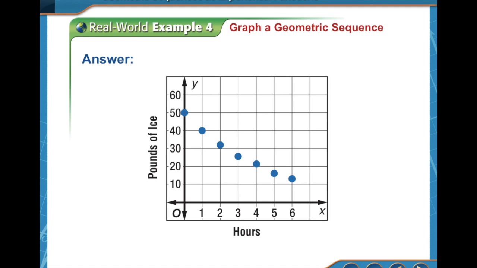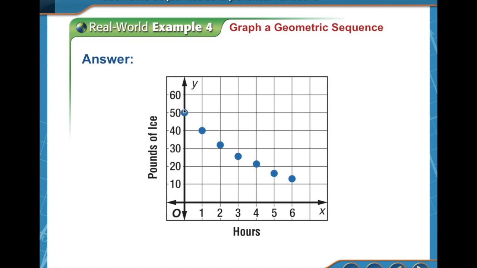So if we start at 50, we multiply by 4/5. We would now have 40. And then we go to 32 and keep going down and down and down. And each time we multiply that previous value by 4/5. So 4/5 gets us to our next point each time. You can check that in a calculator to get the next value.